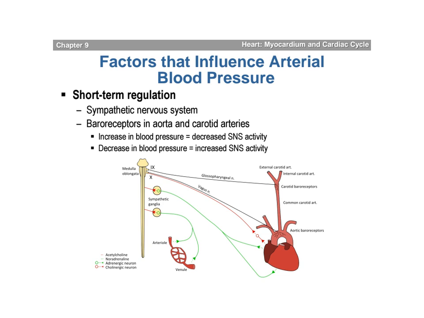And so they have endings that are sensitive to stretch. They're mechanosensitive neurons. And these baroreceptors are located in the aorta and in the carotid arteries on both sides of the body. So here there's only one being shown.